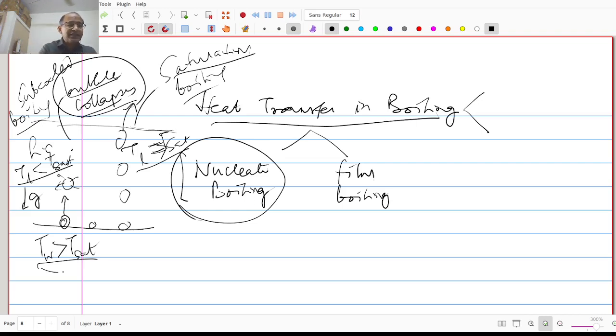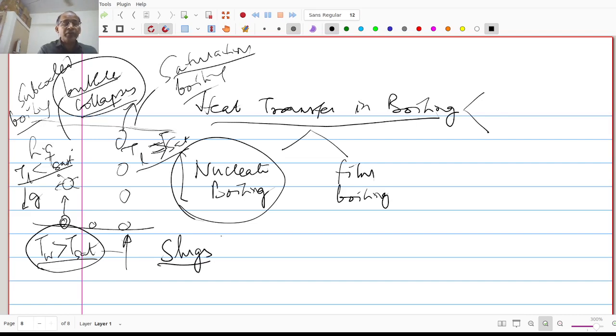As this temperature difference T wall minus T sat goes on increasing, what happens is the number of nucleation sites also goes up, and the number of bubbles that get formed become much larger. So then the bubbles start coalescing with each other and start becoming larger and becoming slugs.